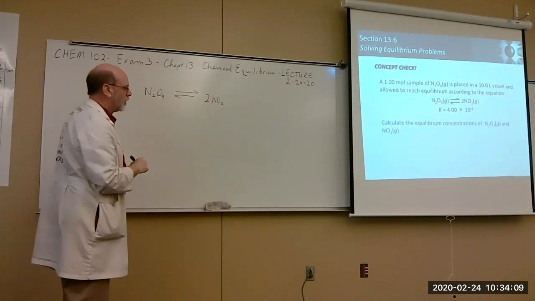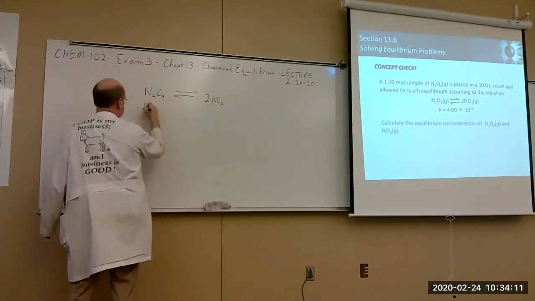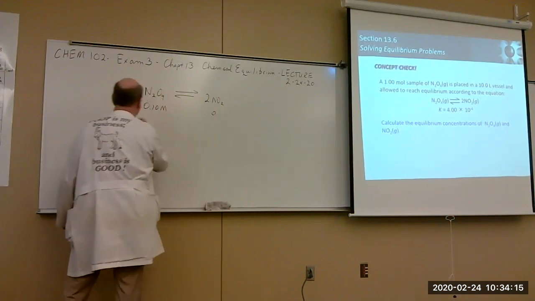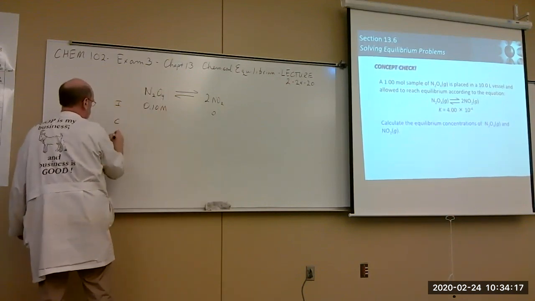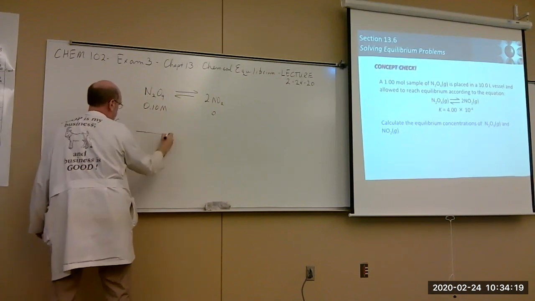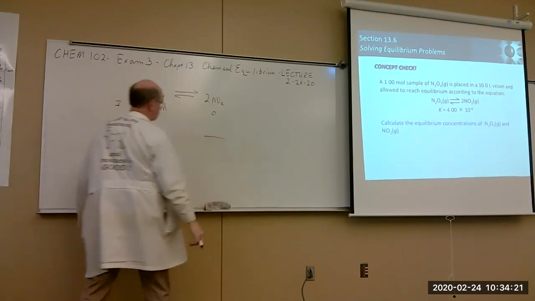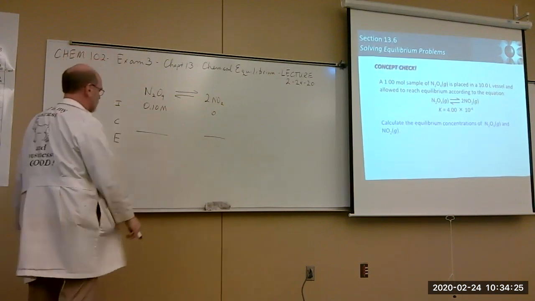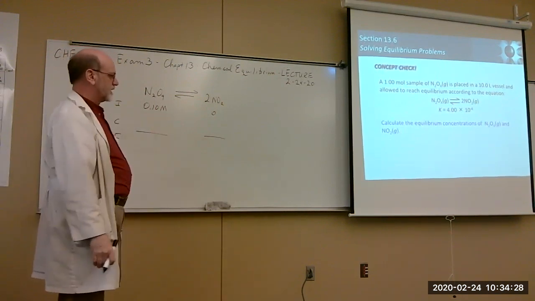So we have 1 mole in a 10-liter vessel, which is 0.1 molar. That's 0. This is the initial condition. All right. Let's see. The K value, we'll get that in a second.